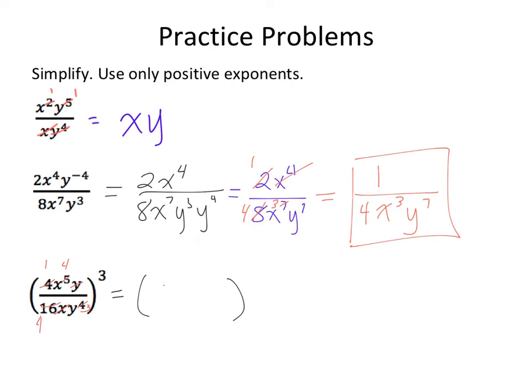So we have x raised to 4 over 4 y raised to 3, all raised to 3. From there, I'll distribute my exponent. Again, it also goes to the 4.